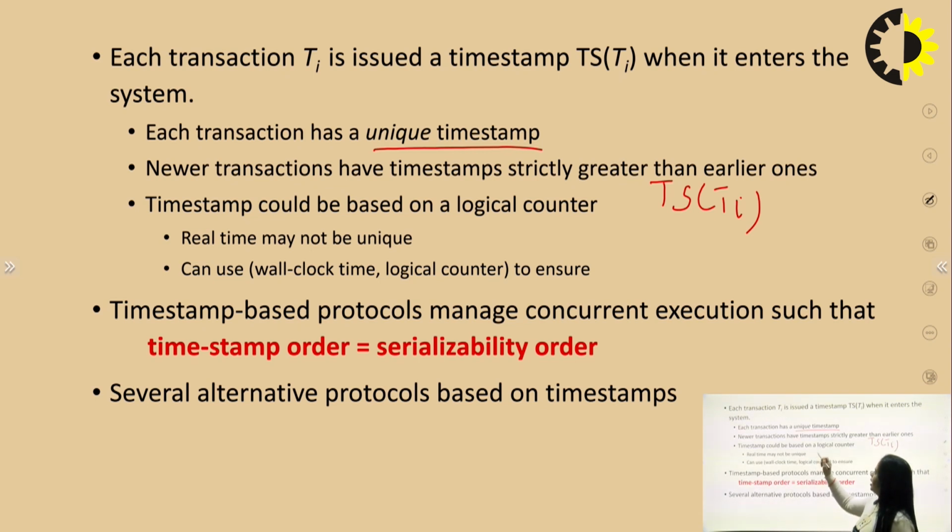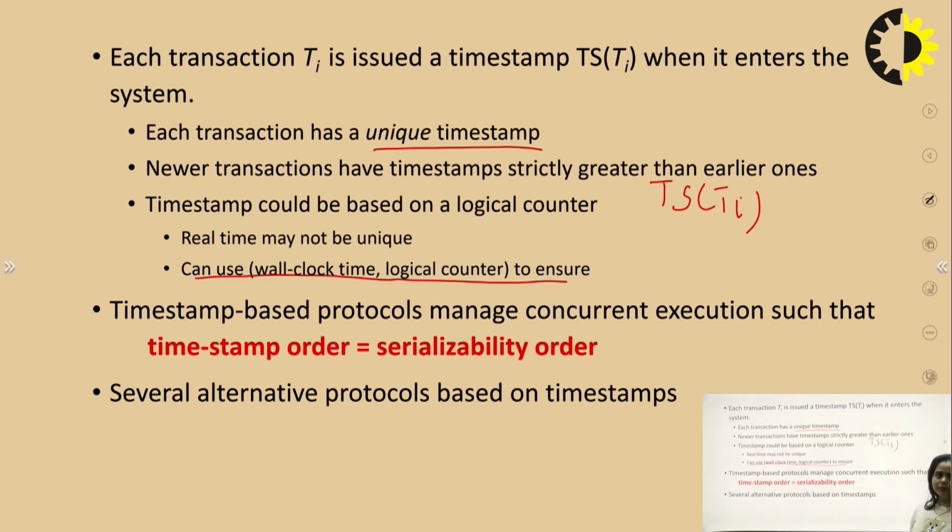Newer transactions have a timestamp strictly greater than the earlier ones. Whenever a new transaction enters the system, it will get a greater timestamp than the previous one. The timestamp could also be based on a logical counter: real time may not be unique, so wall clock time or a logical counter can be used to ensure uniqueness.